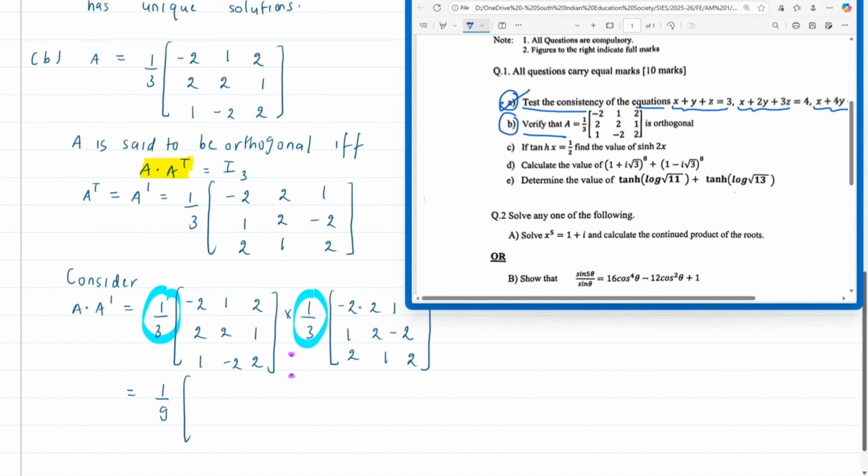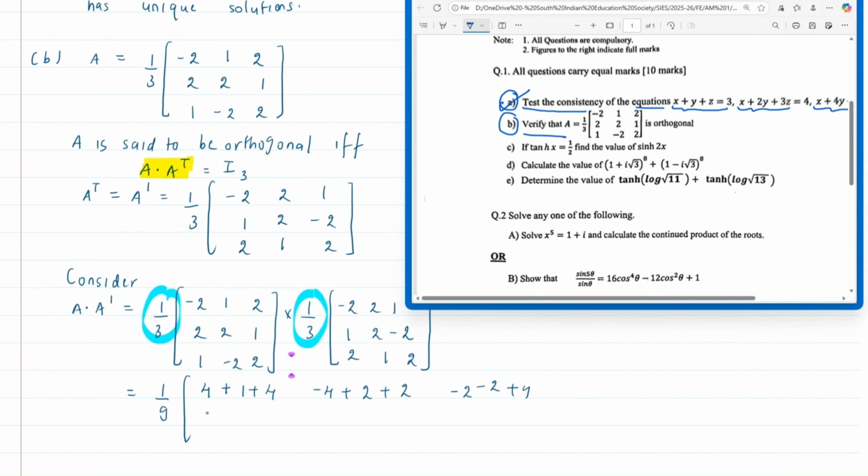Now the first row gets multiplied with the first column and we also take the sum simultaneously. So we have got 4 plus 1 plus 4. For this next entry it's going to be negative 4 plus 2 plus 2. For the third entry it's going to be negative 2 plus 4.